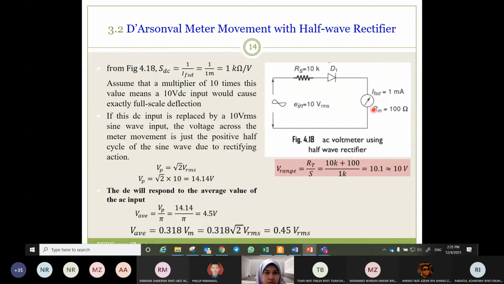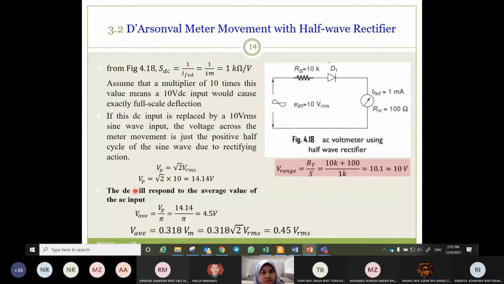So V peak is equal to square root of 2 multiplied by the RMS value of the voltage, which is 10. So it is equal to 14.14 volts.